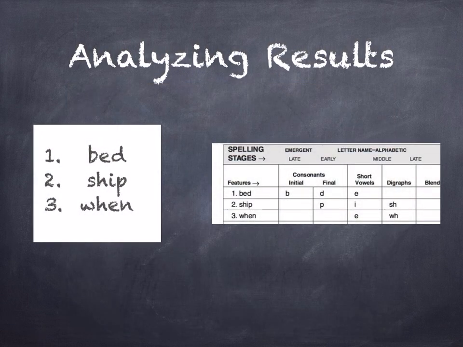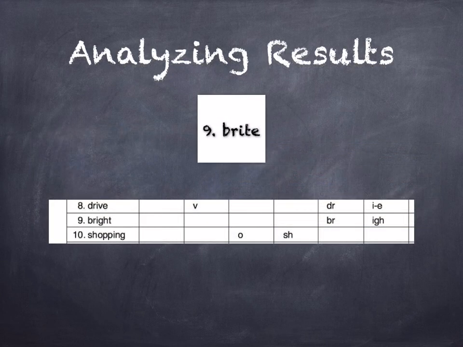For example, if the student spelled bed correctly, you would place a check by the B, the E, and the D. When a student spells a word incorrectly, as with the word bright in this case, they can only get credit for the features they were able to get. In this example, the student would get credit for the BR blend, but not for the IGH vowel pattern.